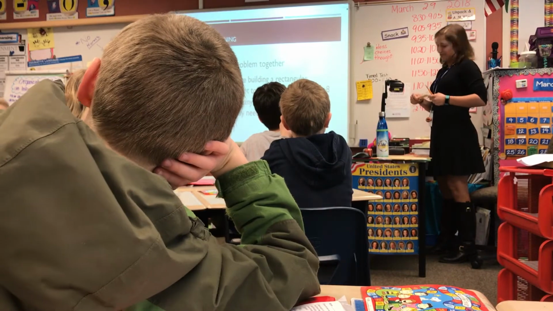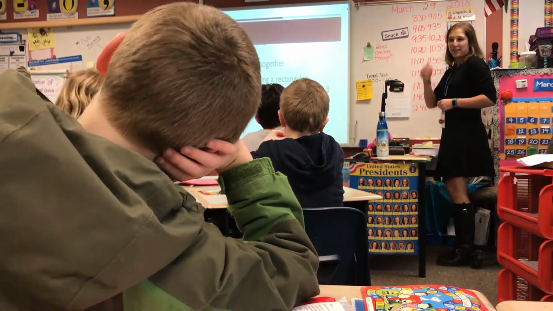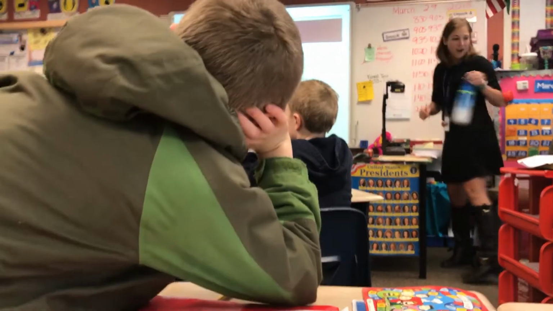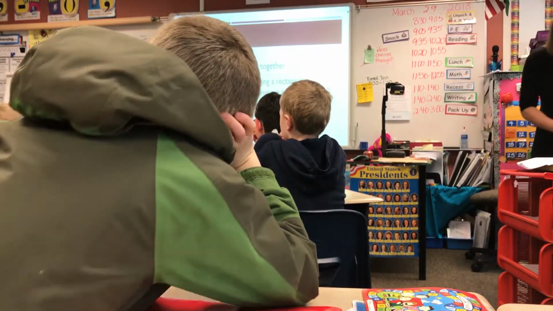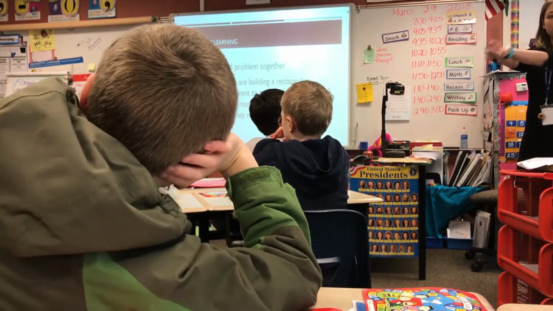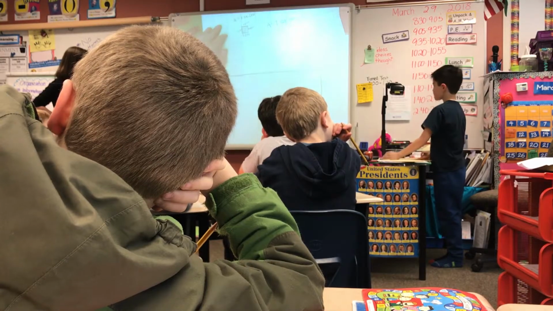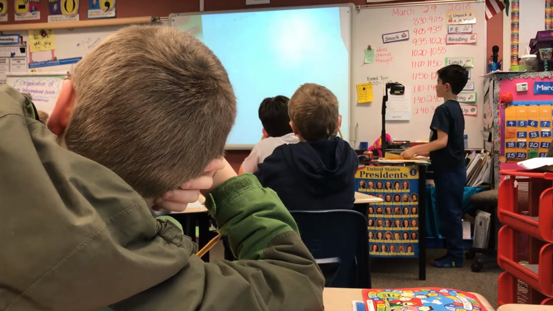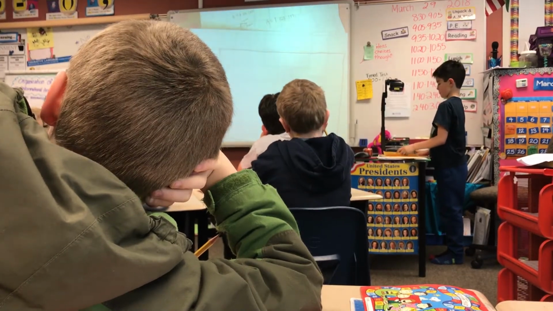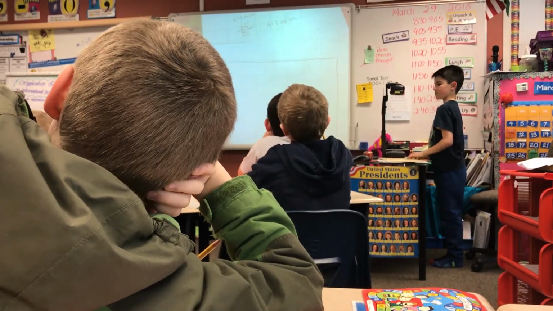Ray, I always call your name. Ray, would you like to come up and draw this for us? Yeah? Okay. Come on up. You can use this pen right here. There we go. Okay. Do you guys agree with this? Does this look correct? You show it all under there?